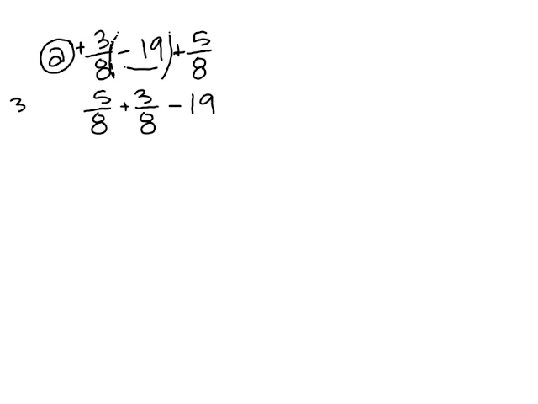So I could also write it 3/8 plus 5/8, because of the associative property of addition, those are the same. So what is 5/8 plus 3/8? 8/8, or 1. So this becomes simpler. 1 minus 19, negative 18.